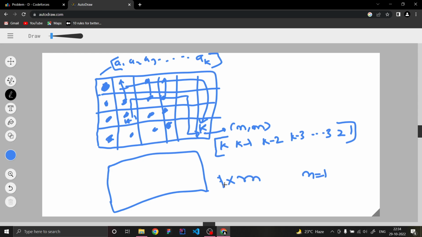Then the stack we are given, let's say a, should be equal to k, k minus 1, k minus 2, up to 3, 2, 1. Otherwise, our answer will be minus 1. Our answer will be no. There is no other way.